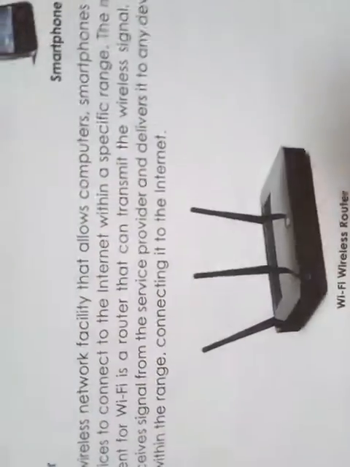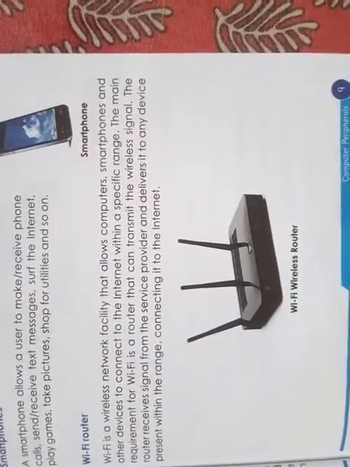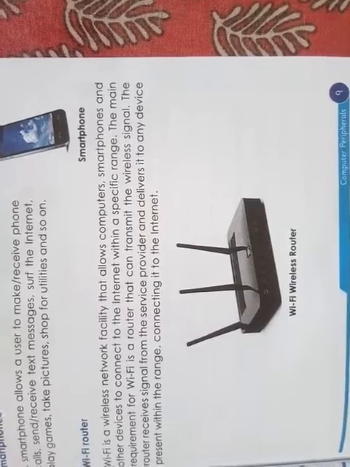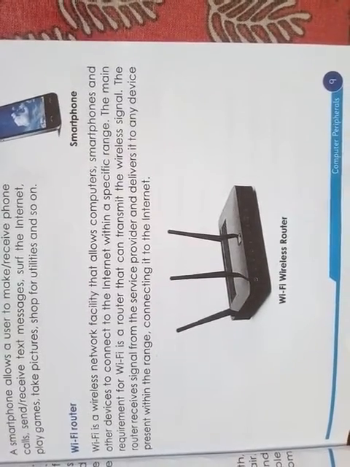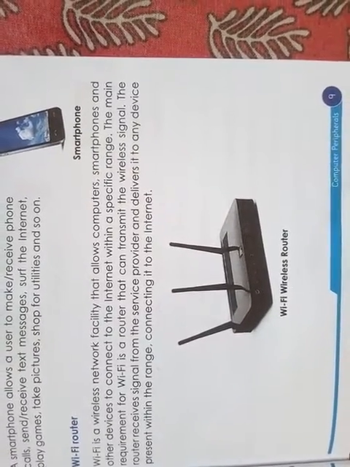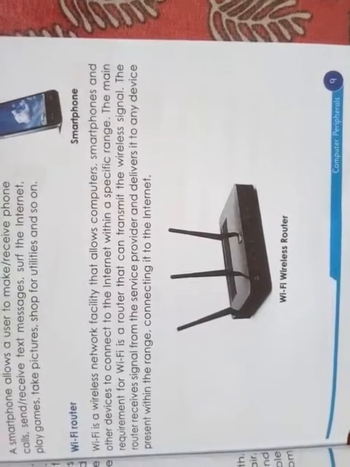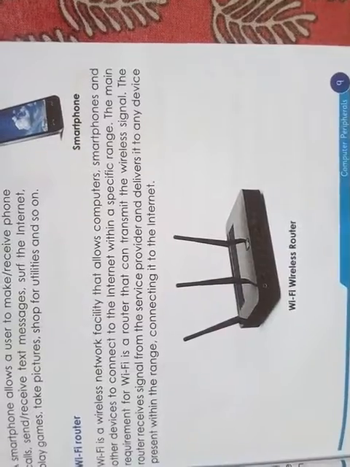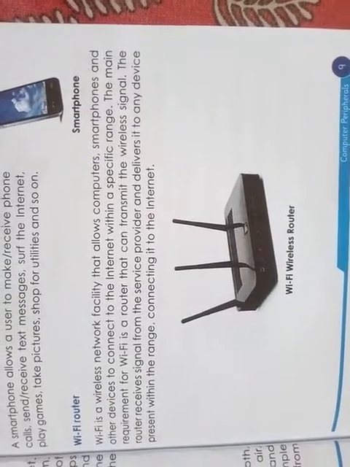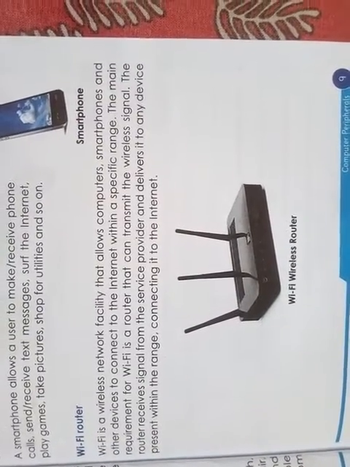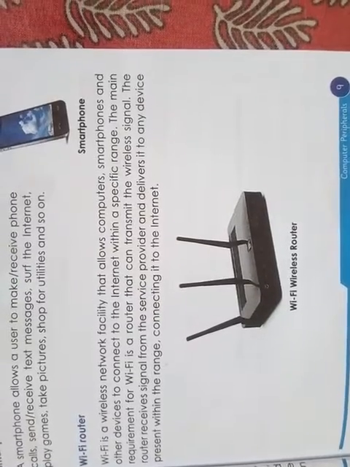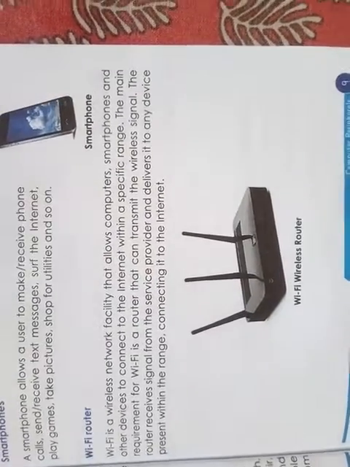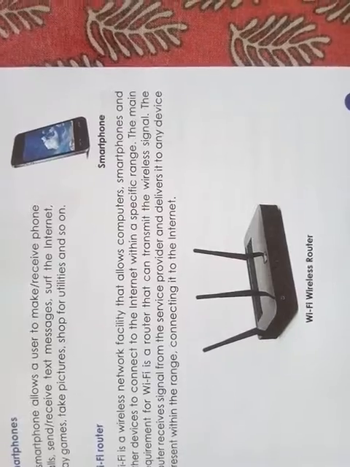Okay, then Wi-Fi routers. What is meant by Wi-Fi? Wi-Fi is a wireless network facility that allows computers, smartphones and other devices to connect to the internet within a specific range. The main requirement of Wi-Fi is a router that can transmit the wireless signals. The router receives the signals from the service providers and delivers them to any device present within the range connected to the internet. This is the Wi-Fi router.